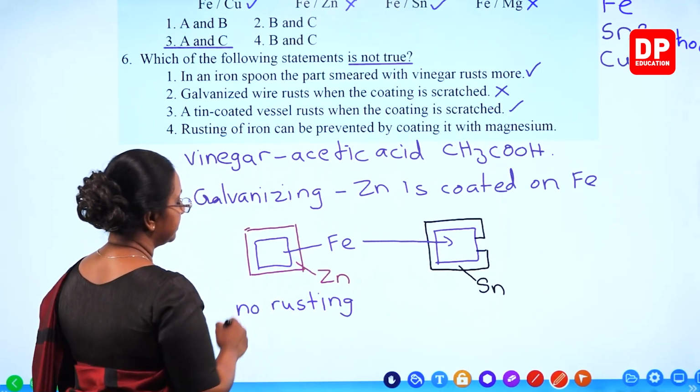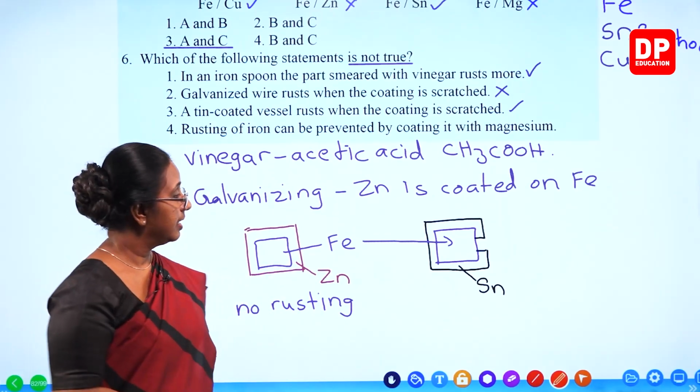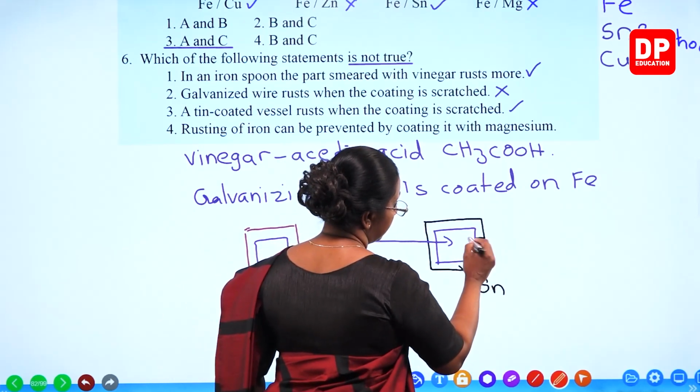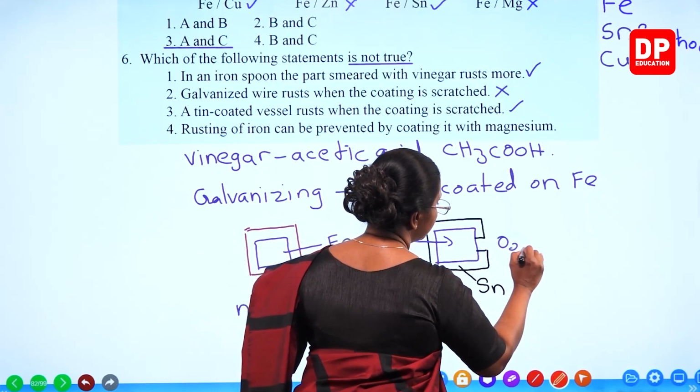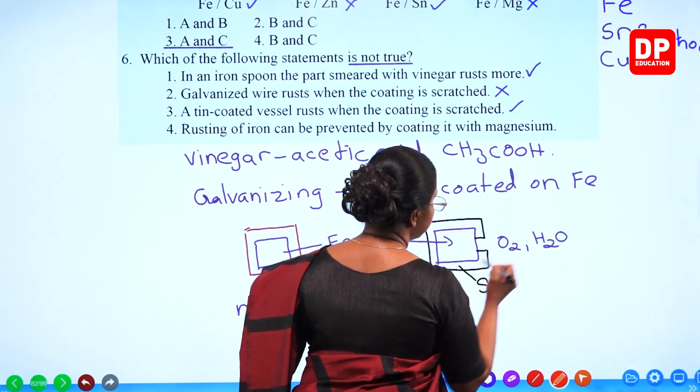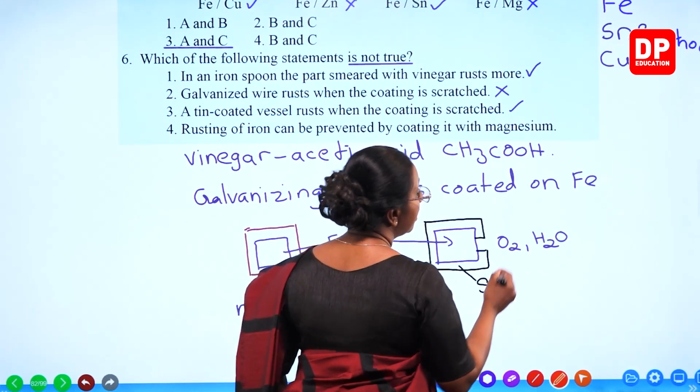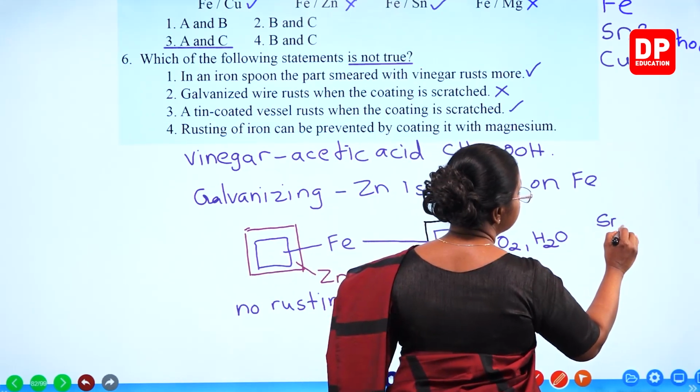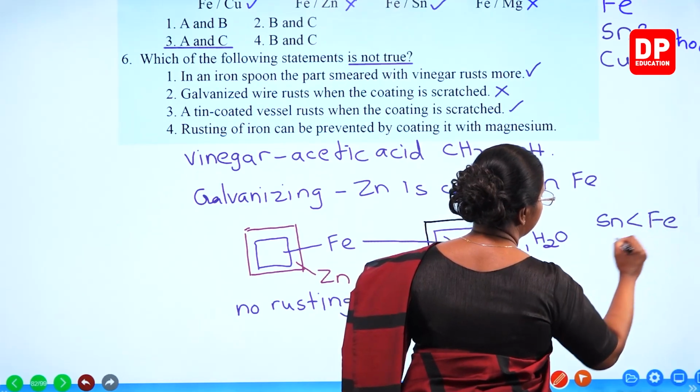But when there is a scratch there, it is exposed to both water and oxygen, and tin is less reactive. Tin is less reactive than iron.